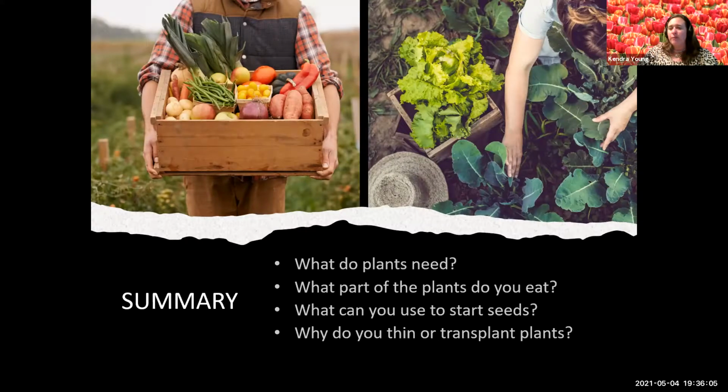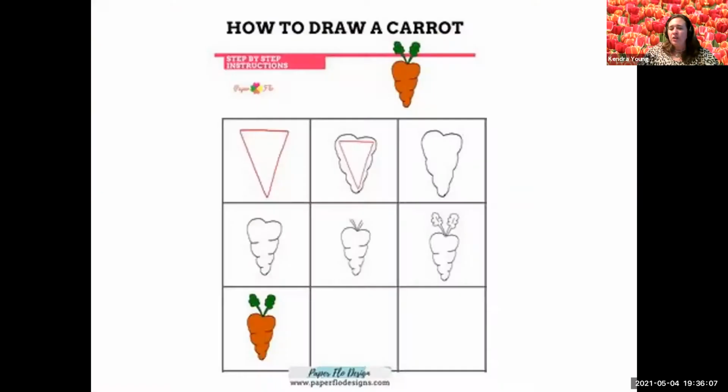We're going to draw a carrot, and show you how to draw some of these vegetables.